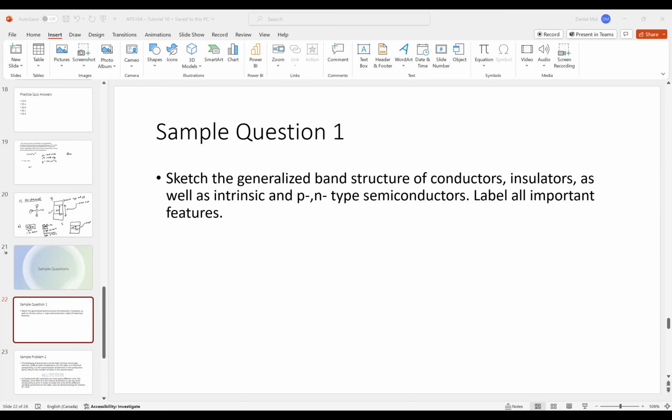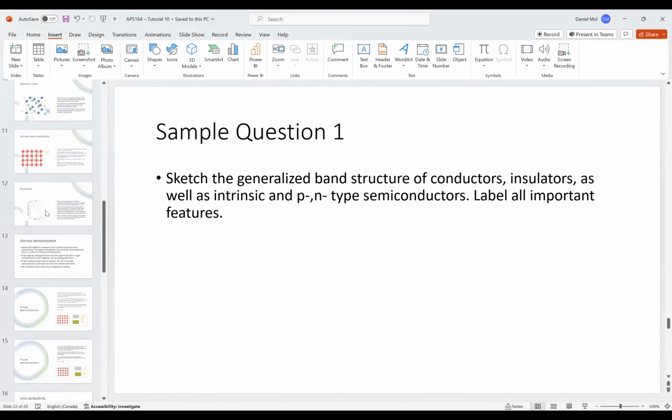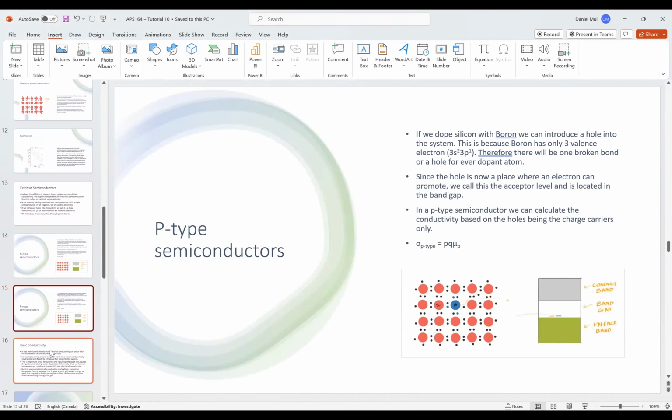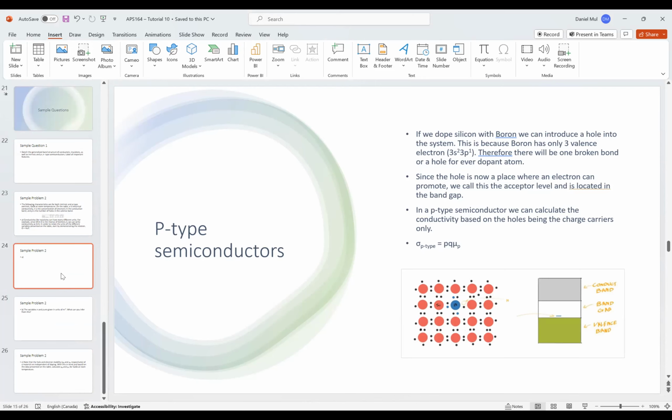An insulator has, okay. Yeah, that's less than 4 eV.